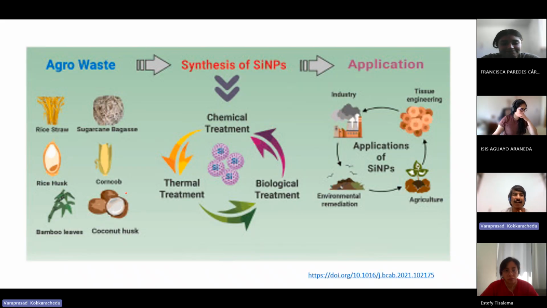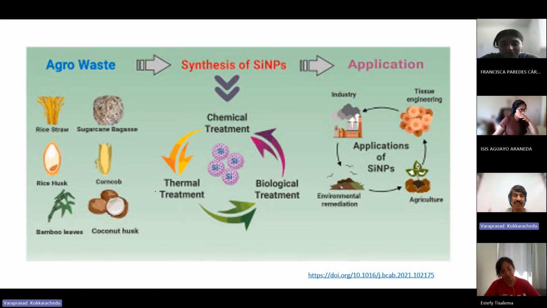Okay, and here in general the agriculture people can use any parts to synthesize the nanoparticle for various kinds of applications like tissue engineering, agriculture, environmental science, and industry.